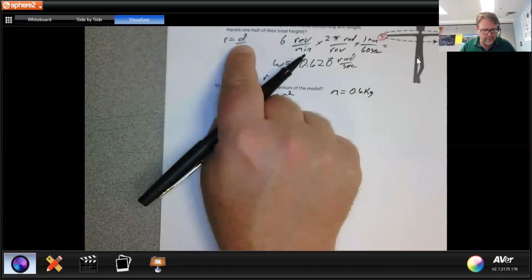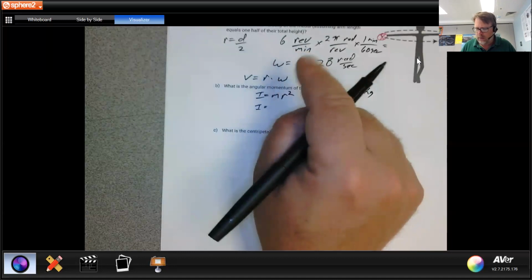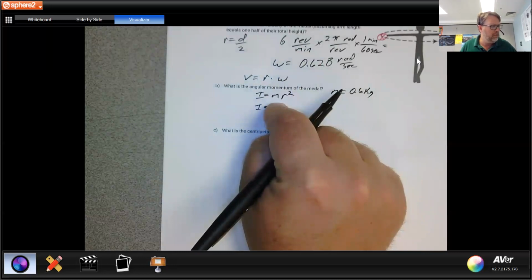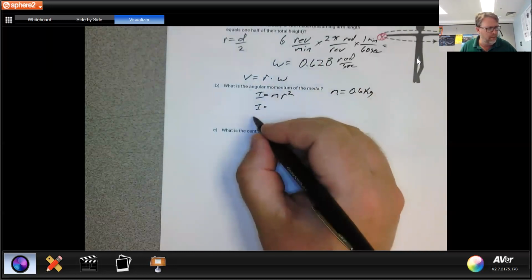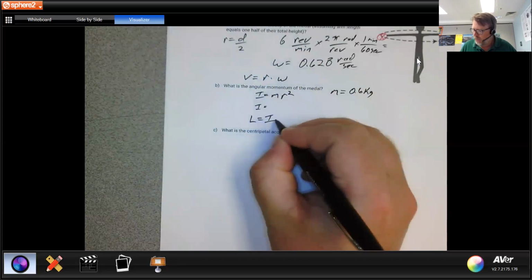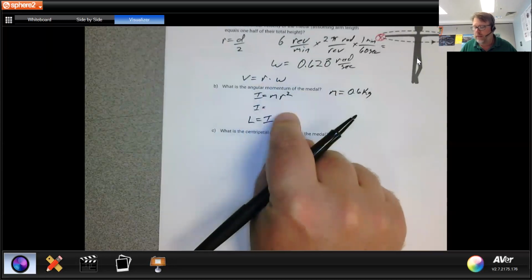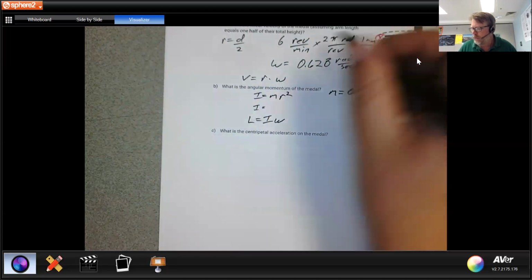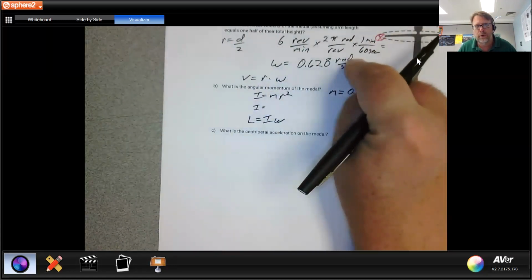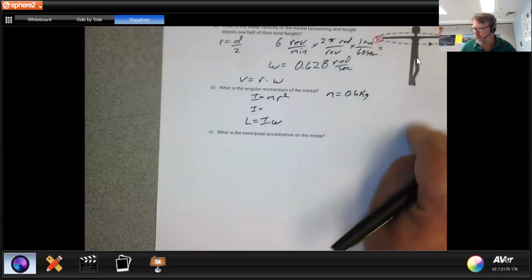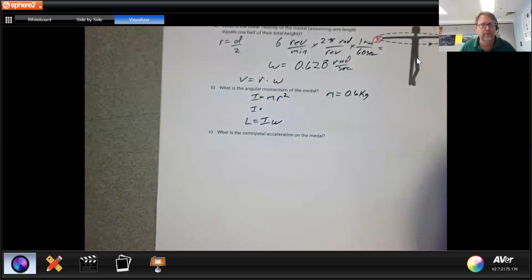Okay, so that gives you I, your moment of inertia, but we want your angular momentum, okay, which means we're going to take this number and multiply it by this number. Okay, once again, that's another reason why it's always good to show your steps, because you can frequently pull information from previous parts and reuse it and not have to calculate angular velocity multiple times.